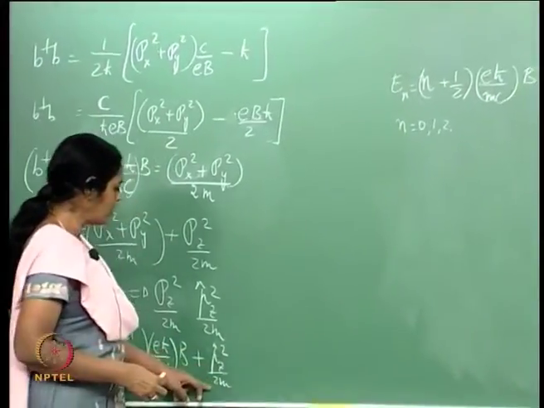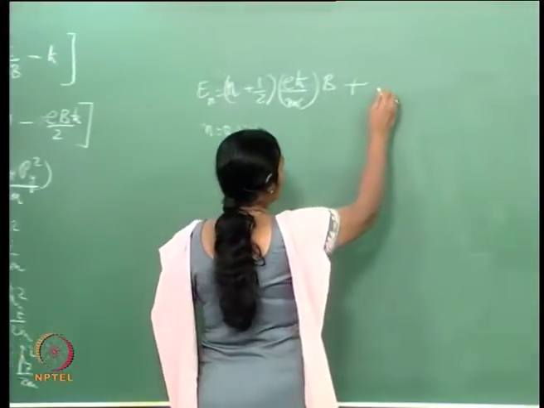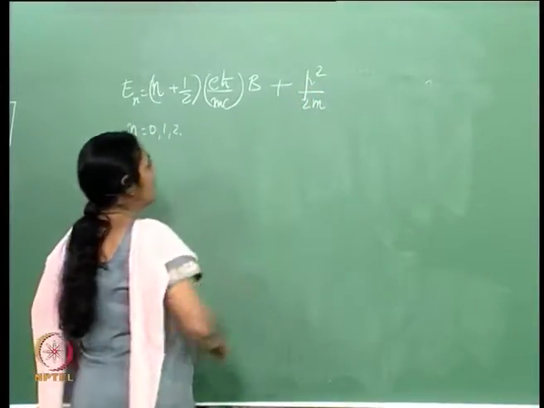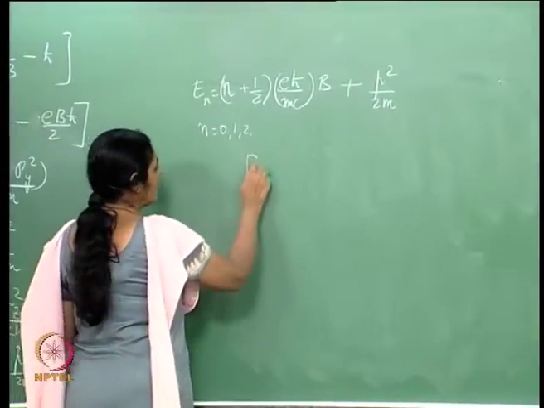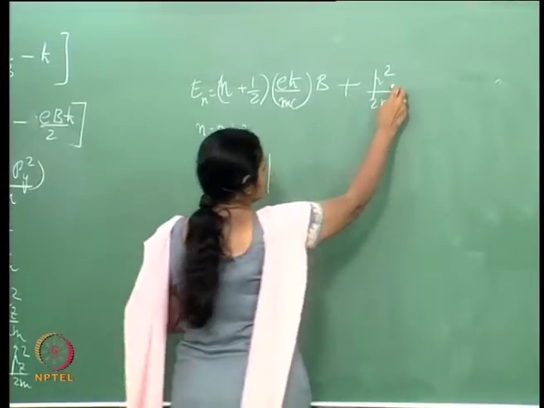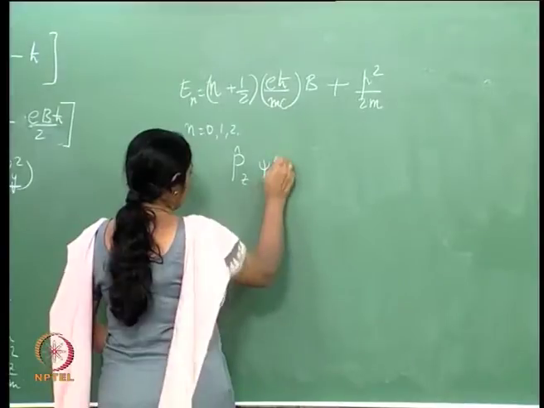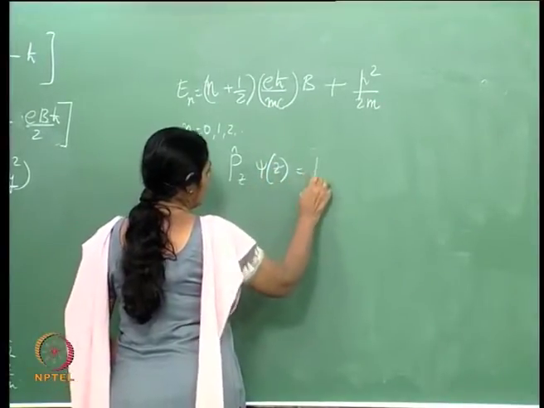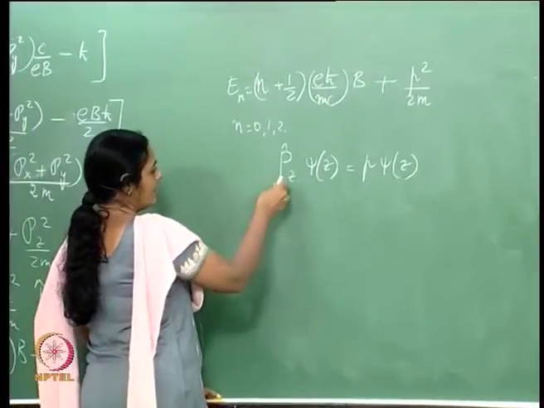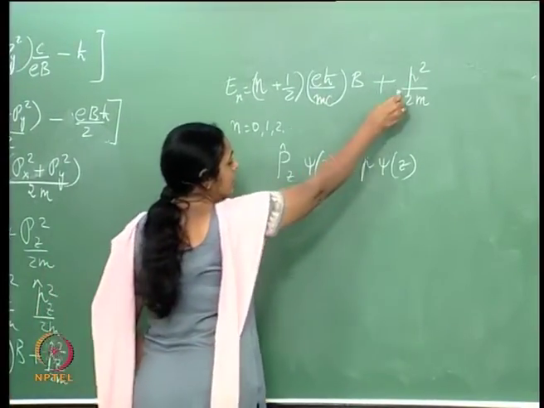First of all, this is a free particle Hamiltonian, and therefore I have the number p, which is the eigenvalue of the operator P_z. P_z acting on psi(z) is little p psi(z), and that little p is what figures here.